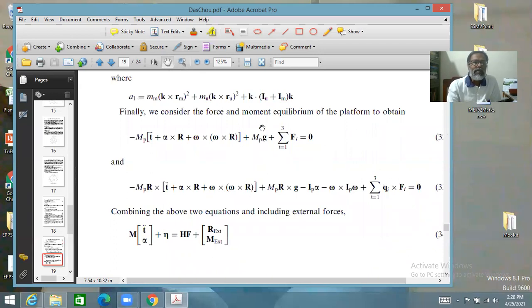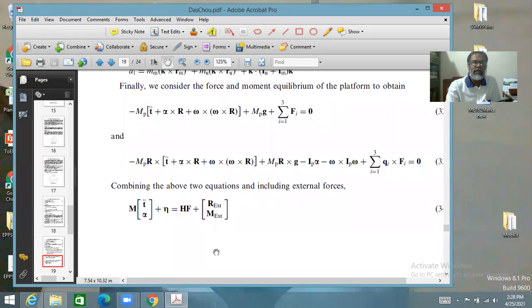So in this form, you get the final dynamic equations in which the acceleration vector is this: 3 linear accelerations and 3 angular accelerations. This will have the other terms in the dynamic equations: centripetal, Coriolis, and gravity terms. This is the mapped actuator forces. These are the external force and moment.